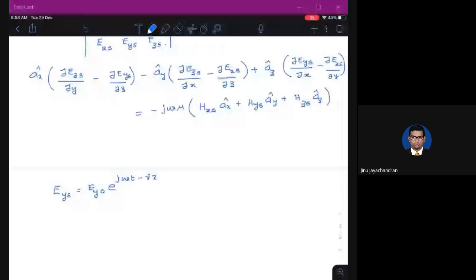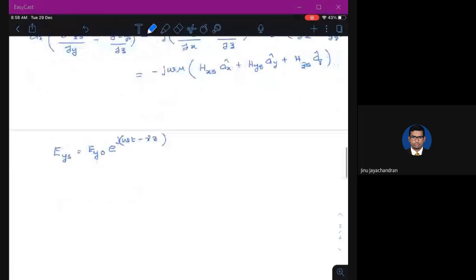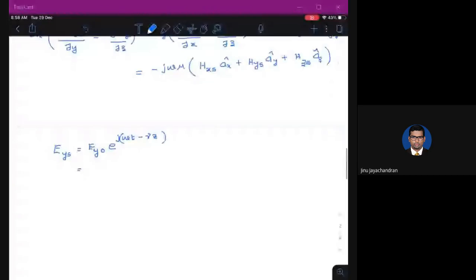This is the general equation that we have already seen. This is the expression of electric field when we solve the wave equation. This is equal to EY0 e raised to j omega t into e raised to minus gamma z. Sorry, this is a phasor representation.